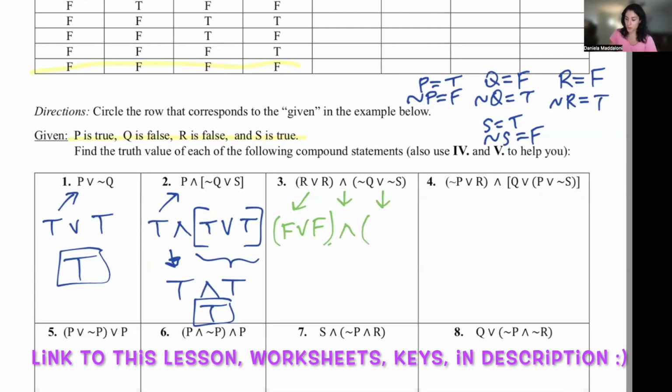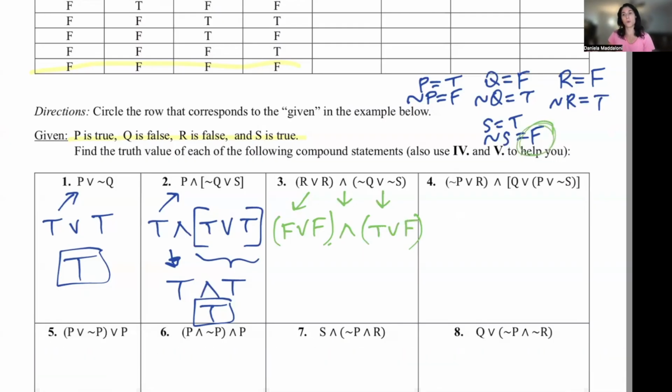Then substitute: not Q was true, or not S, if you look on your key, we found to be false. Just like in algebra order of operations, we do the parentheses first. If you look on your chart, the disjunction of two false is going to produce a false statement.